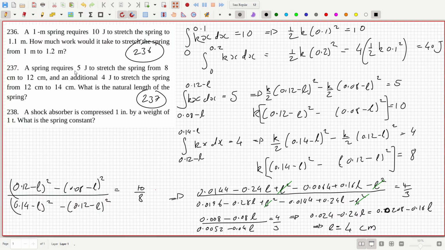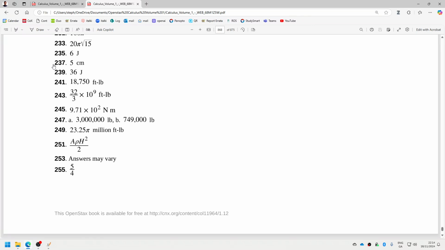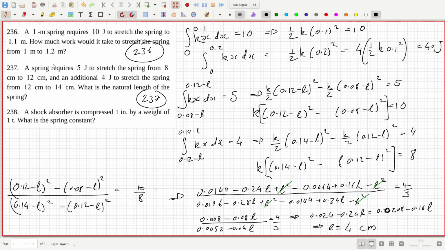No. How could I be so close and yet so far? 5 centimeters. 5 centimeters. Try to type it in again.